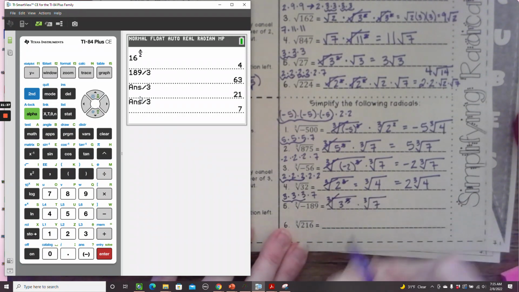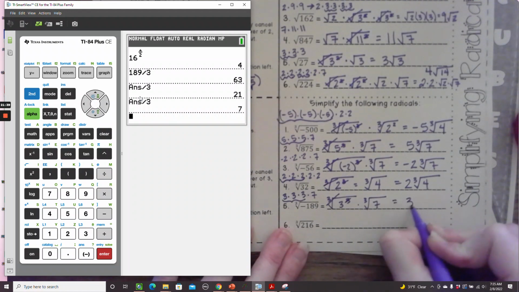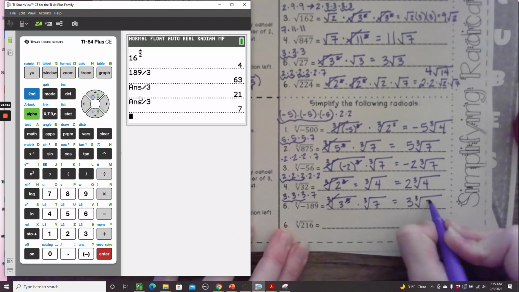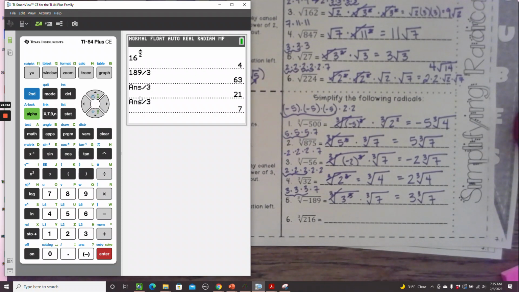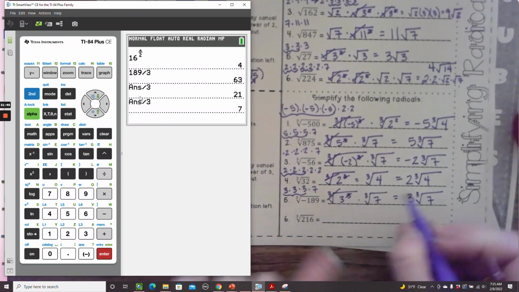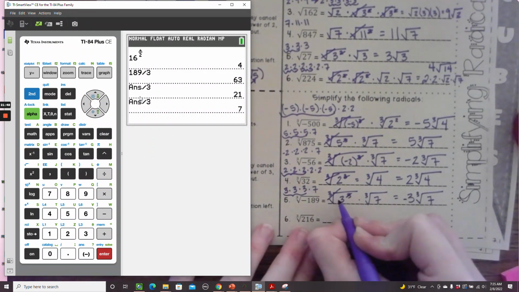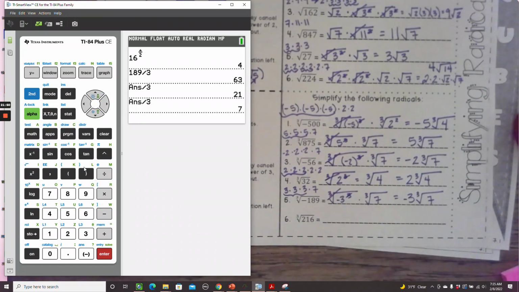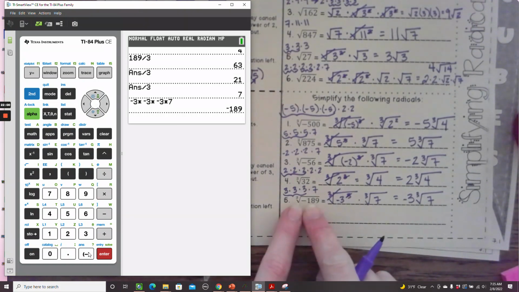Cube root cancels the exponent of 3. Tack on what's left. Oh, but it should be negative. I'm so sorry. That should be a negative 3. So to prove it to you, negative 3 times negative 3 times, oh, I keep doing that. Negative 3 times 7 gives me negative 189.